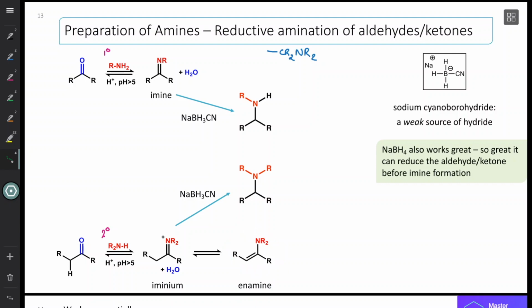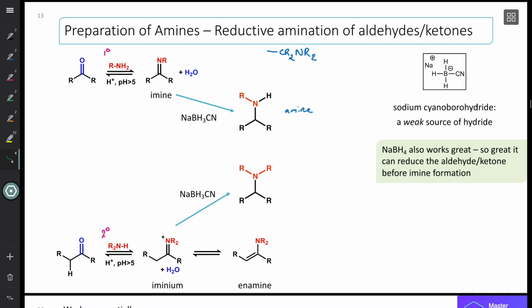What the reductive amination does is that it combines that first reaction to form the imine with a reduction. So you go from the imine to the amine with a weak reducing agent, and we use sodium cyanoborohydride.